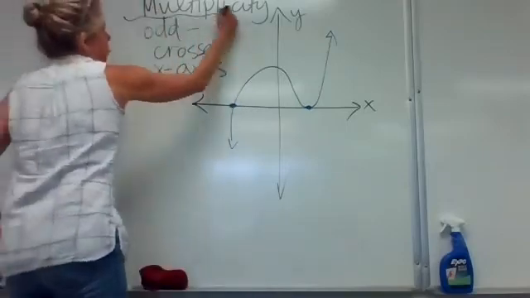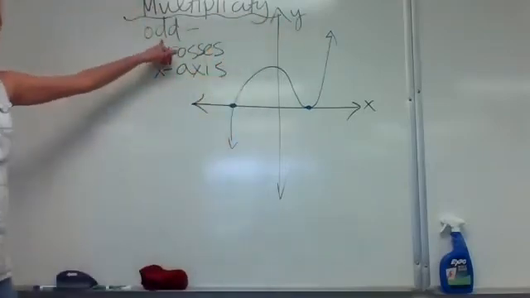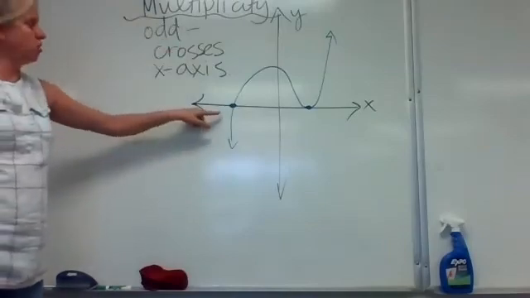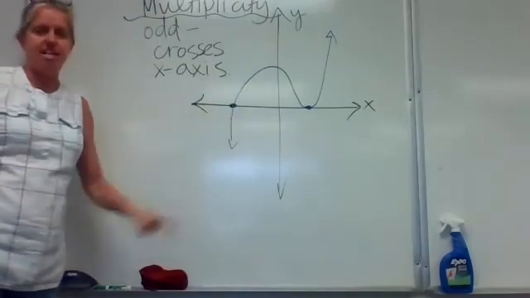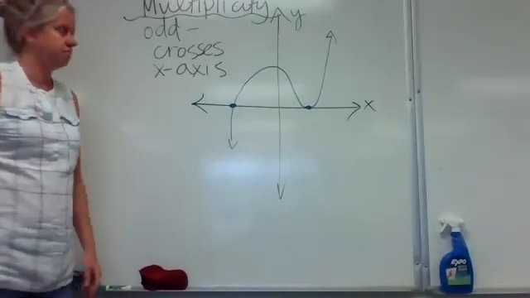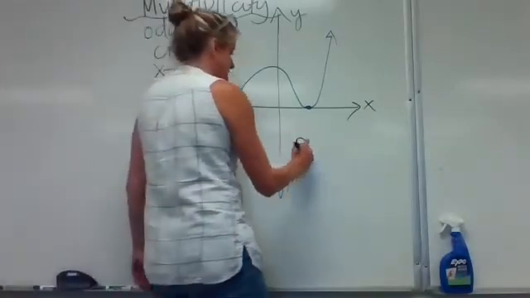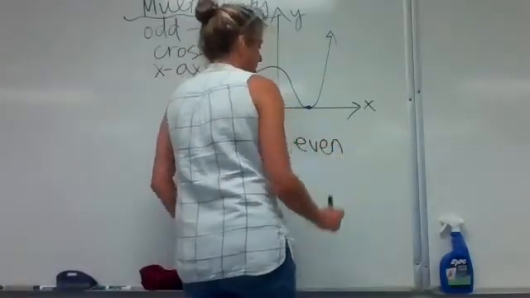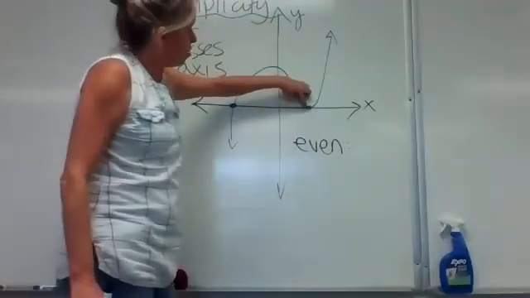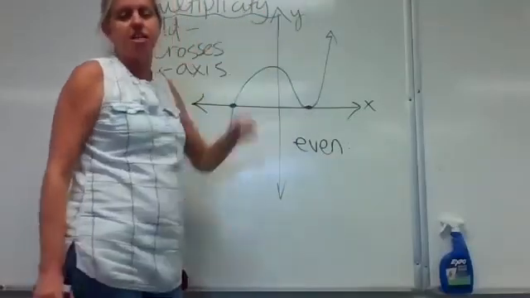On the multiplicity, the rules are: if you have odd multiplicity, you are going to cross the x-axis at that zero. If you have even multiplicity, you are going to be a zero where you just touch the x-axis and go the other way.